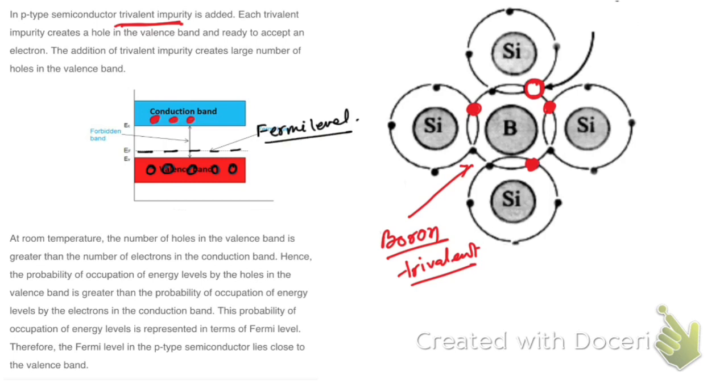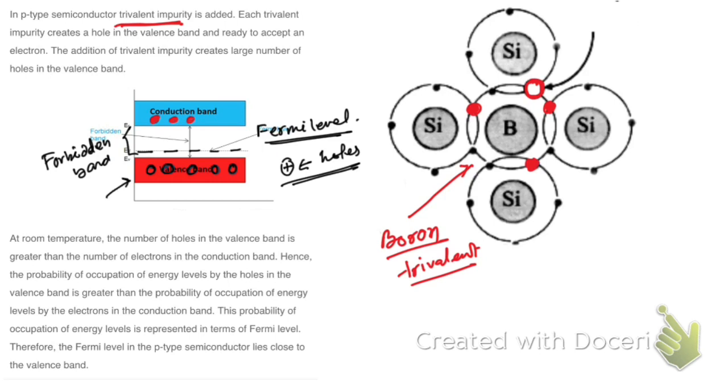The majority charge carriers here are the holes, which are positively charged. This gap is the forbidden gap, you can say forbidden band, right?